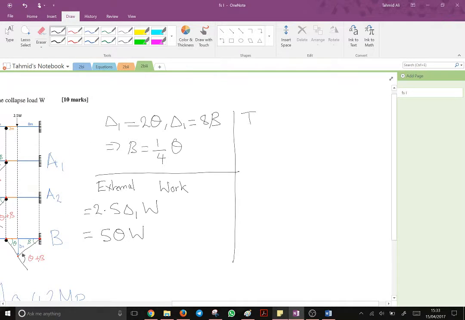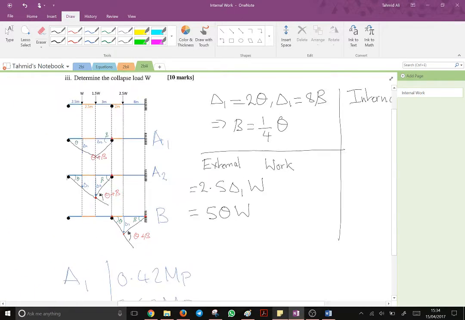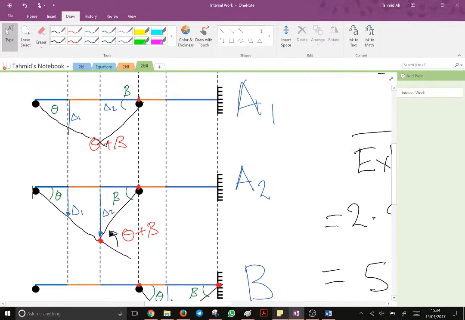So the internal work in this case will be a bit different. This one's a bit longer because previously a hinge could not form in this part and this part and even this part when we were considering that side of the beam, because it was the end of the beam.